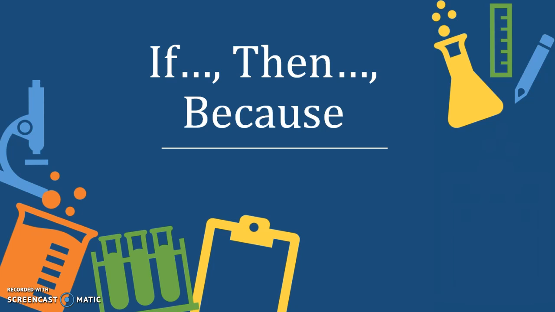Or if the candy bars contain more ingredients, or if the number of ingredients increases, then the density should increase because a larger number of ingredients packed into the same size space should have more density, or something along that line. You actually don't have to put a because for something as simple as that experiment, but that's kind of an example of how to go.